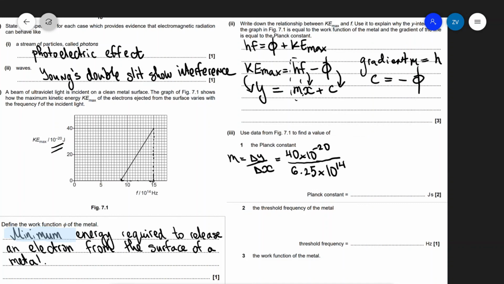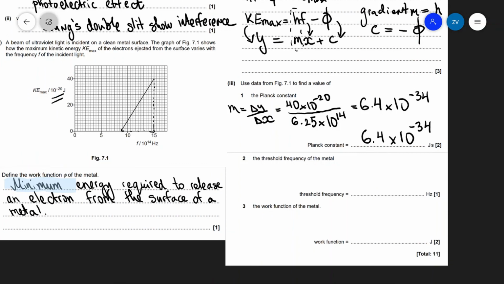Now, plugging that into a scientific calculator, our value for Planck's constant is going to be 6.4 times 10 to the power of minus 34, like so. Let's just write that in the box. So 6.4 times 10 to the power of minus 34 joule seconds.